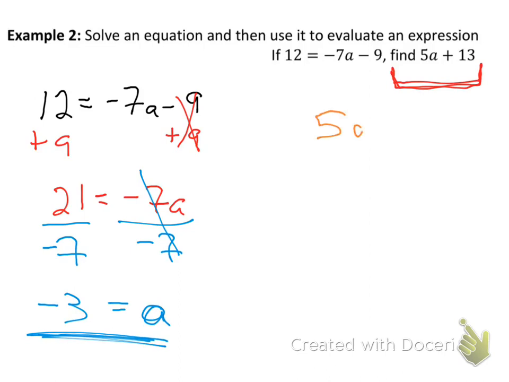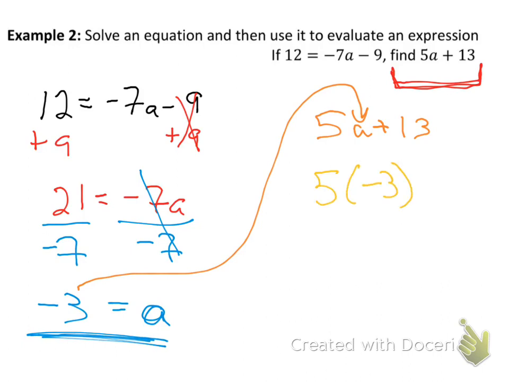I know what a is, so I'm going to plug -3 in every time I see an a. So when I do that, I get 5 times -3 plus 13. So 5 times -3 is -15. -15 plus 13 is going to give me an answer of -2.